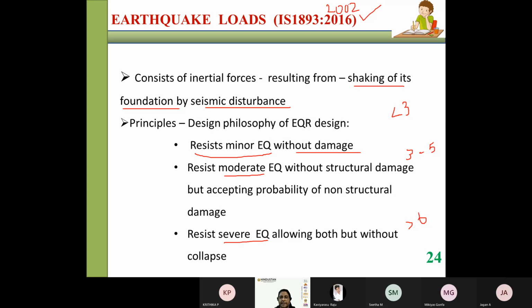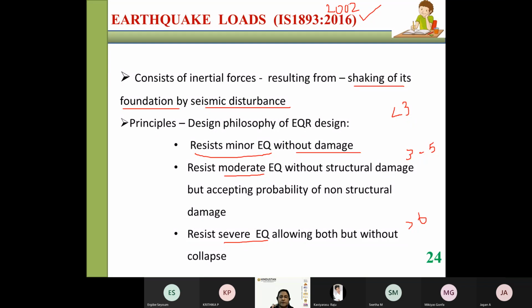The major structural elements should not have any damage, but we can expect some non-structural damage, mainly the partition walls, your windows, or some other small sunshades.